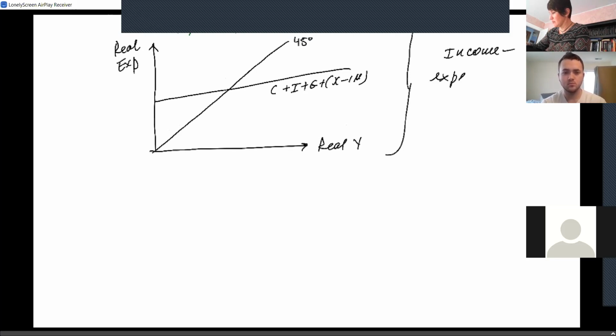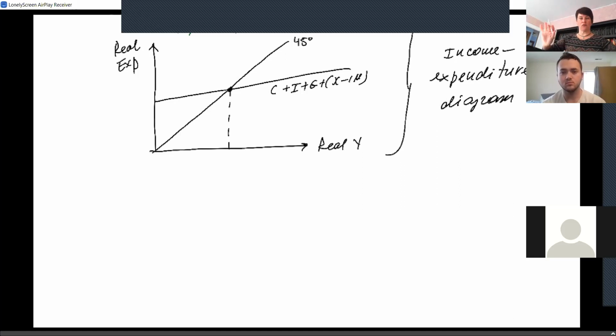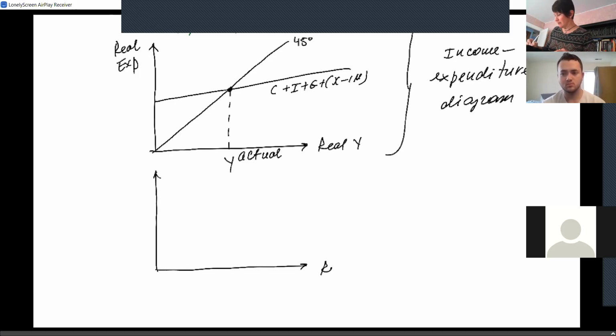The intersection of the 45-degree line and the total expenditure line gives us the actual GDP level, okay? But when we simulate a policy, we take this level down, actual, and that's how we find the level of GDP we're working with currently, okay?